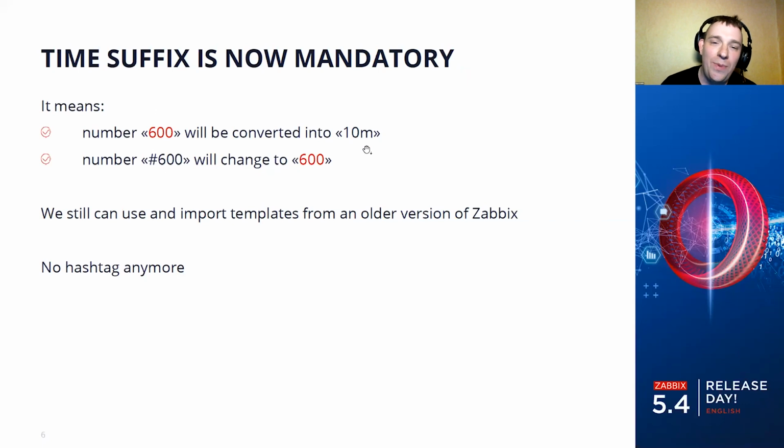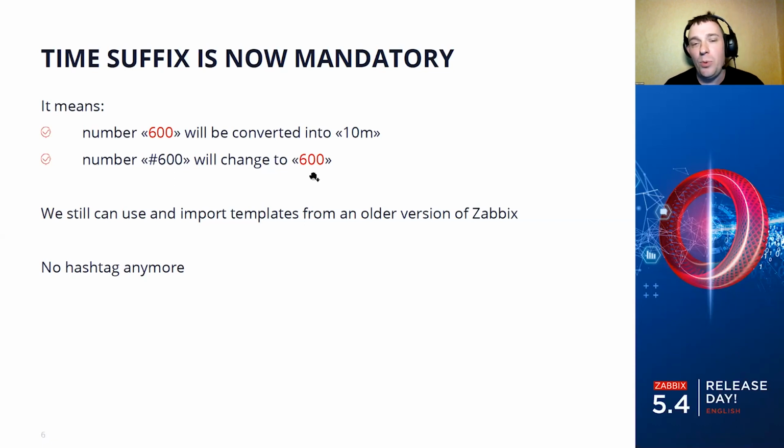It will be mandatory to always specify minutes, seconds, hours, days. It's a good guideline for other guys or ladies to be able to read what the actual frequency is. At the same time, the hashtag will go away completely, and we will just drop the hashtag. Now, to indicate I want to analyze the last 600 values, I really specify the number 600.